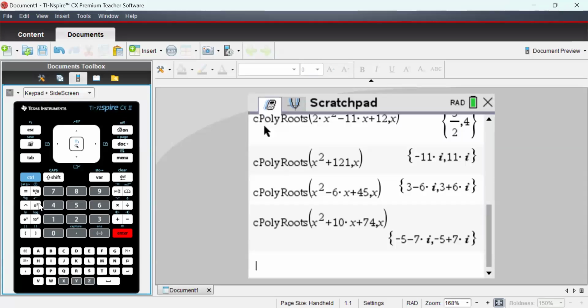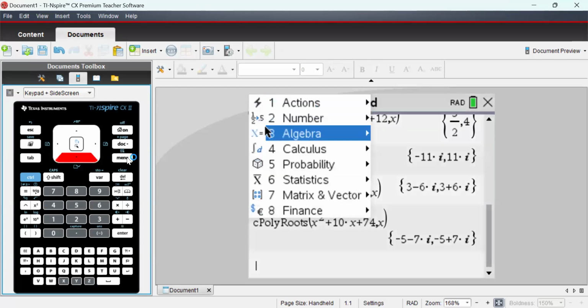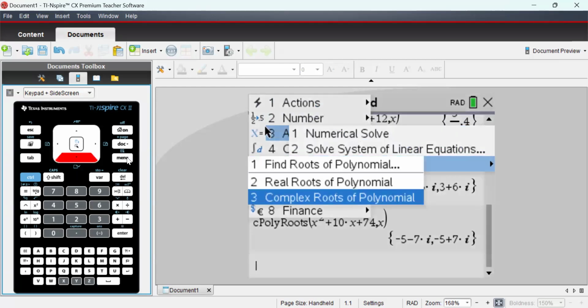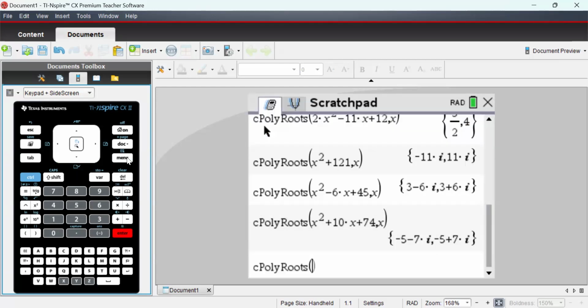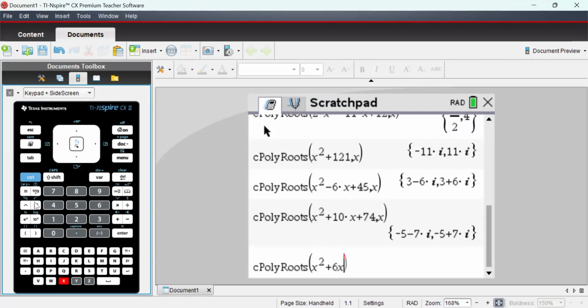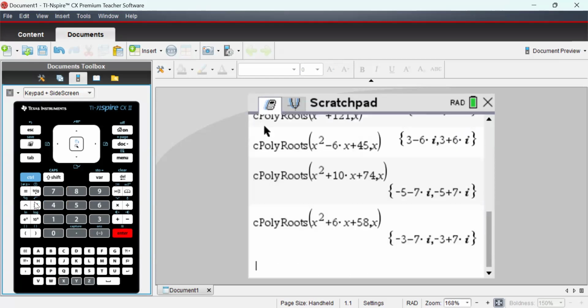That's negative 5 minus 7i and negative 5 plus 7i. So that's negative 3 minus 7i and negative 3 plus 7i. So I'm going to flip back over to the note guide.